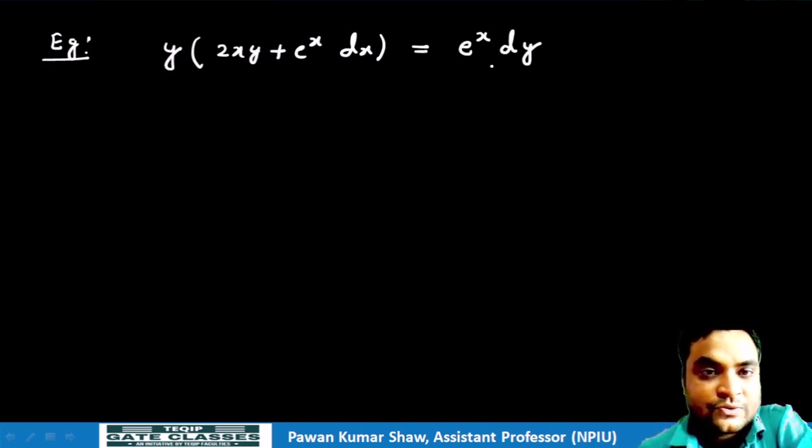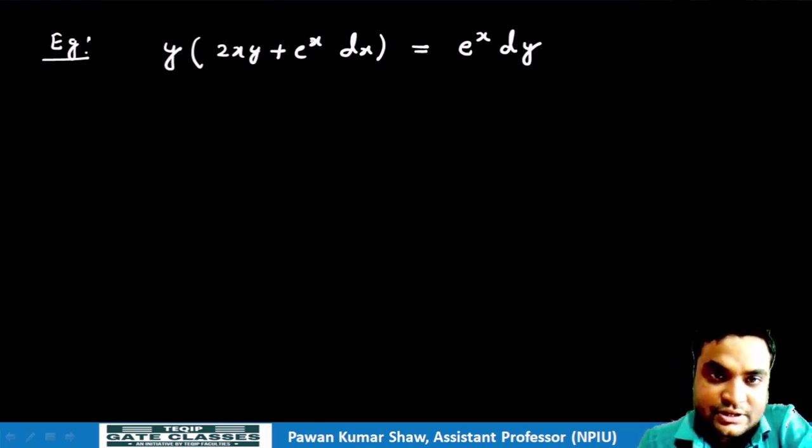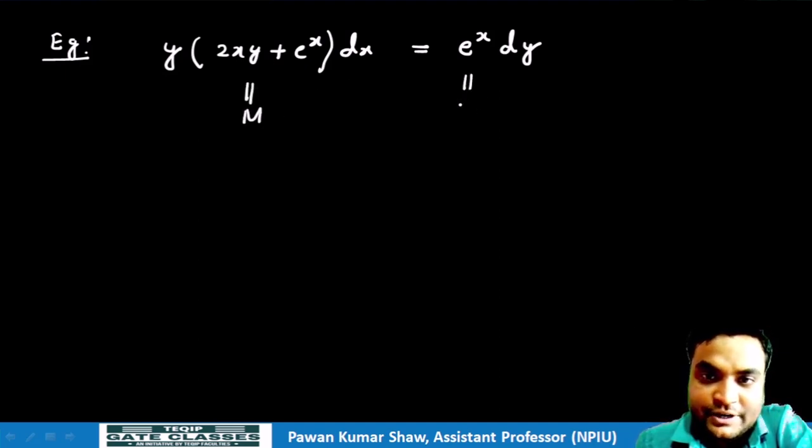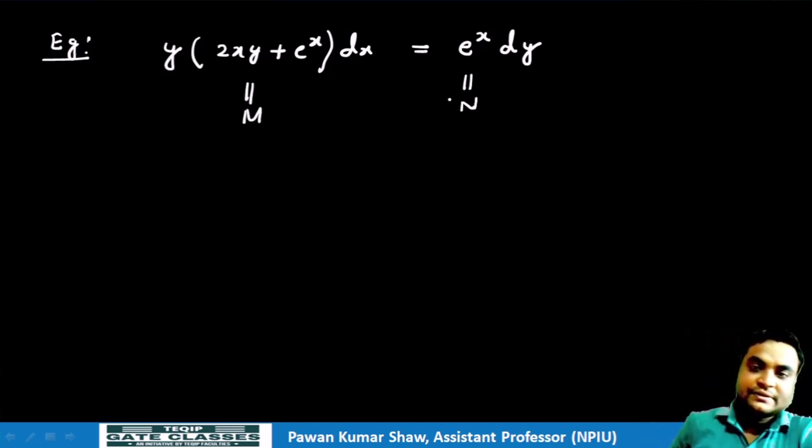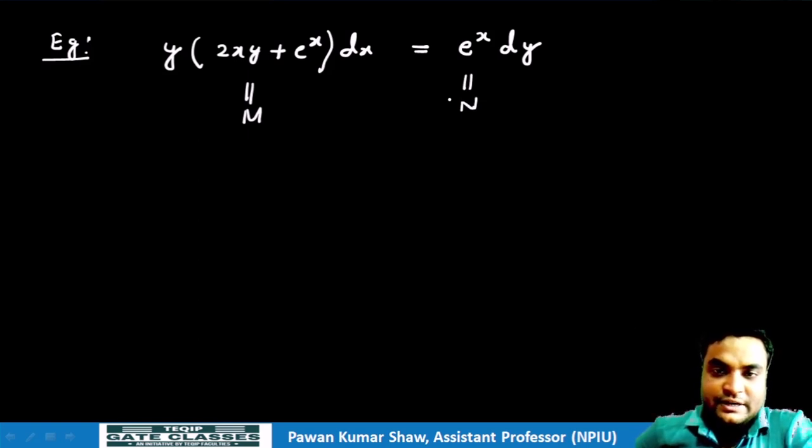Here the coefficient of dx is this one and the coefficient of dy is this one, so this will be our M and this will be our N. If you check the condition del M by del y and del N by del x, these two values will not be equal.